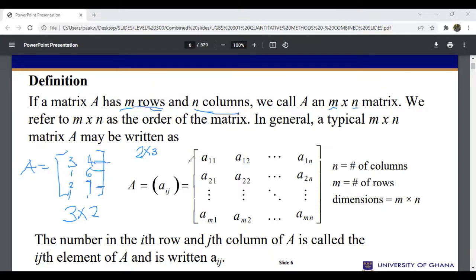So we have m by n. When you say 2 by 3, it means the rows are 2 and the columns are 3. But for this one, the rows are 3 and the columns are 2. So we get a 3 by 2 matrix. You get it? Yeah, we get it. All right.